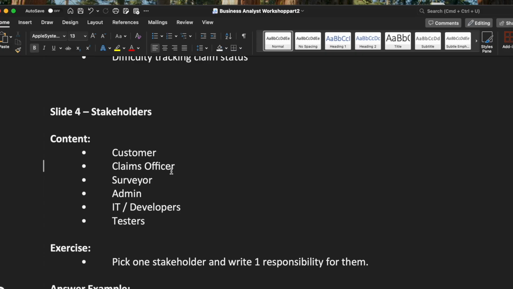So from one of these stakeholders, write one responsibility. Let's leave the customer, the admin, and IT aside, and take the direct person who is going to use our software, the claim officer. What would be the responsibility of this claim officer?